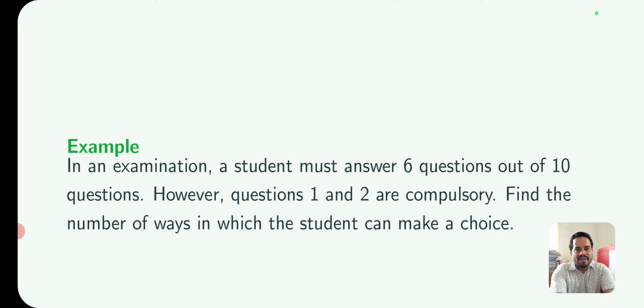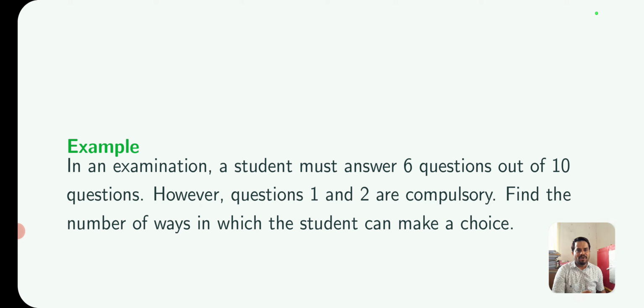So, if you read this example carefully, there are 6 questions we have to solve out of 10 questions, but the condition is that question numbers 1 and 2, both these 2 questions, are compulsory. So how many ways can we choose the optional questions?